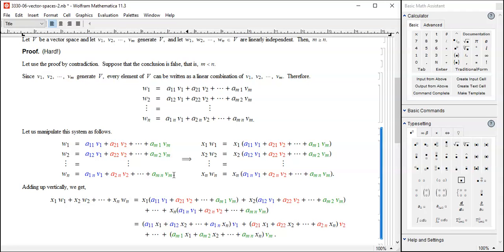And then we just multiply a certain real number x1 to both left-hand side and right-hand side, x2 to both sides, dot, dot, dot, xn to both sides. Is that true? Oh, yes. If you have an equality, you can multiply the same number to both left-hand side and right-hand side.